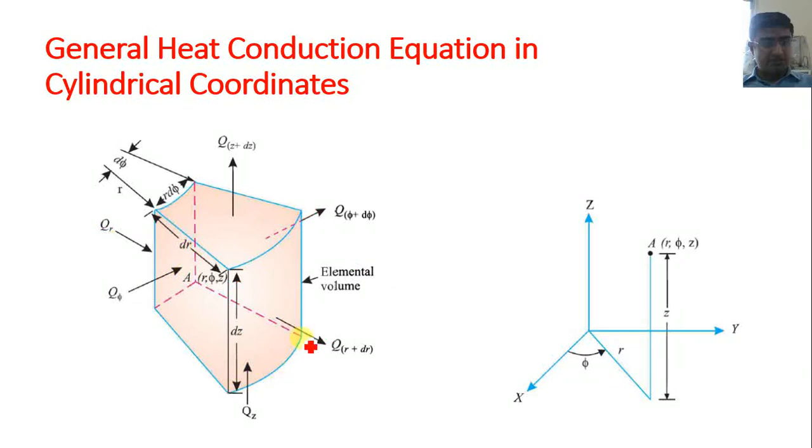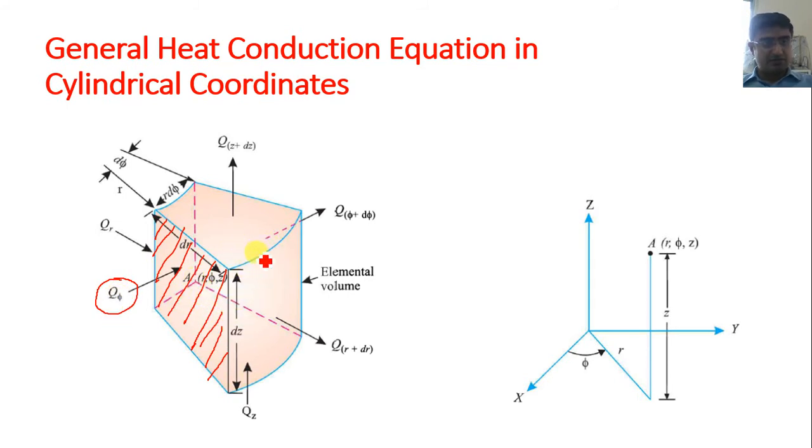So now let's understand the heat input in the phi direction. It means which side? The side shown by the hatched lines, where some amount of heat gets injected in the phi direction, or you can say the r d phi direction.